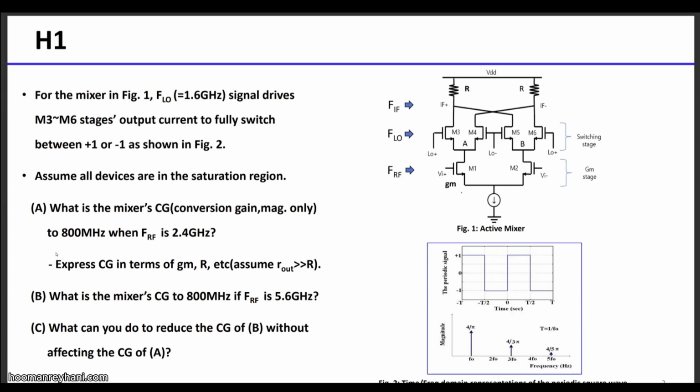So one of them will be at 800 megahertz. But as you can see on the right at the bottom, this square wave switching, which is done by the M3 to M6 transistors, gives you the gain of +1 or -1, fully switched to the positive direction or fully switched to the negative direction. In that case, the fundamental term has 4 over pi as the coefficient.